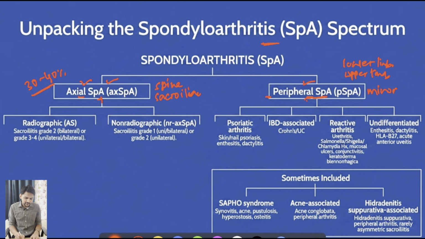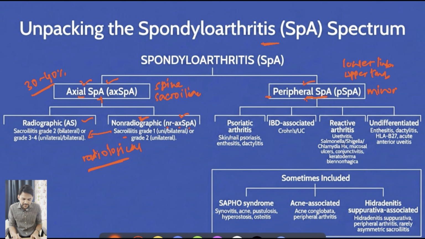And in axial, again it is divided into radiographic or non-radiographic axial spondyloarthritis. So it is mainly based on the radiological features which they will divide again. We can say in simple terms, it is just the progression. That is, initially the individual might not be having any radiological features, so they are termed non-radiographic axial spondyloarthritis.